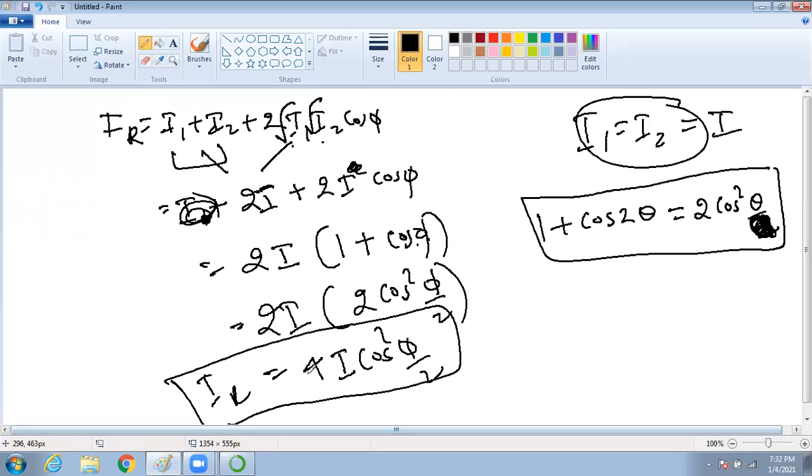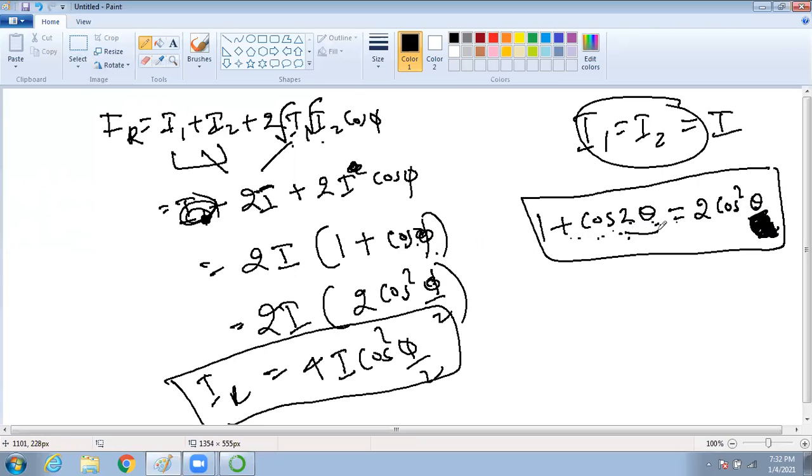Sir, but isn't it 1 plus cos phi? Yes, it is cos phi. That's why I put phi by 2. The actual formula is 1 plus cos 2 theta equal to 2 cos square theta. Here instead of 2 theta you have phi, so 2 theta becomes phi, and theta becomes phi by 2.